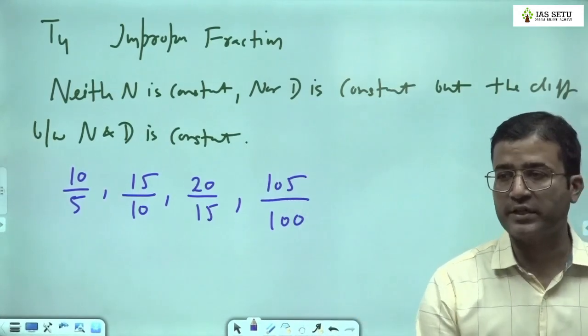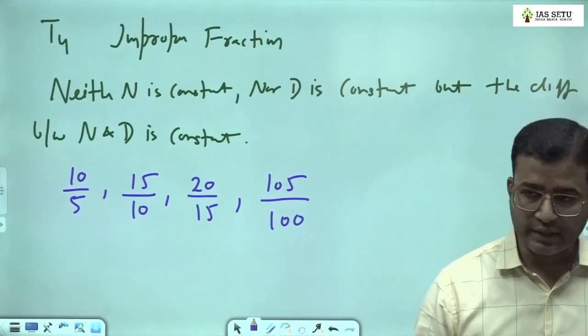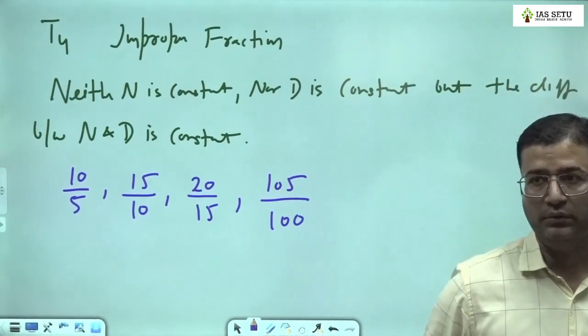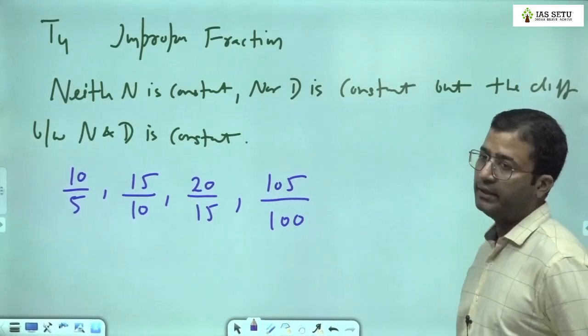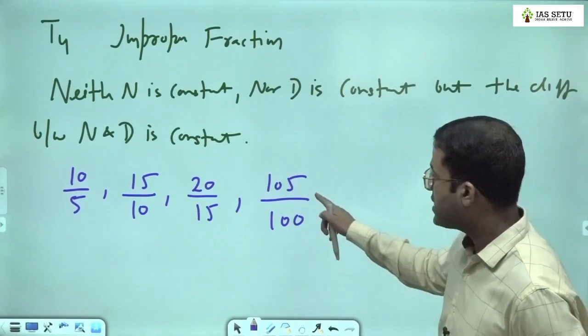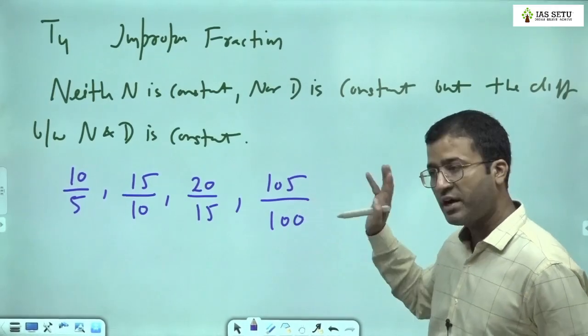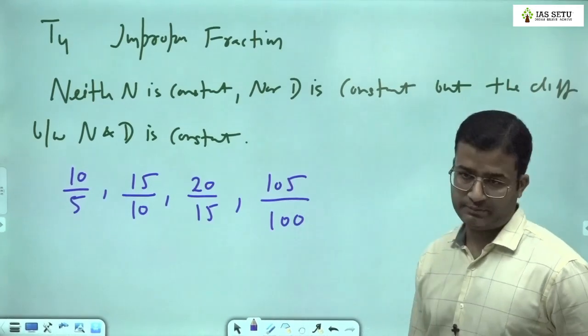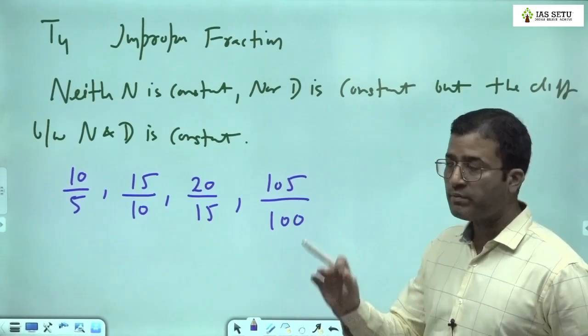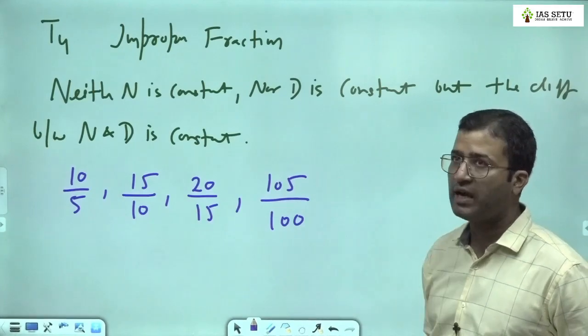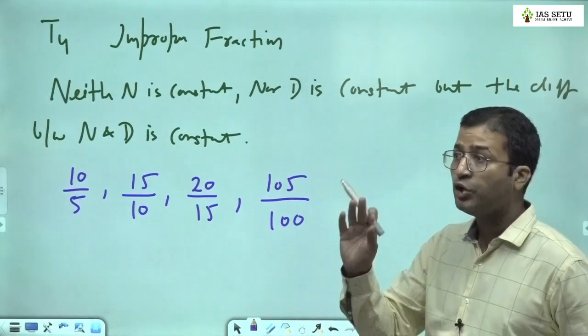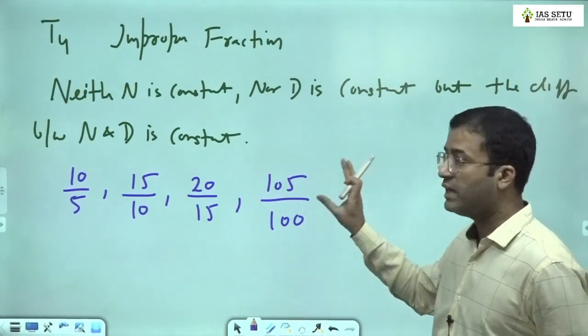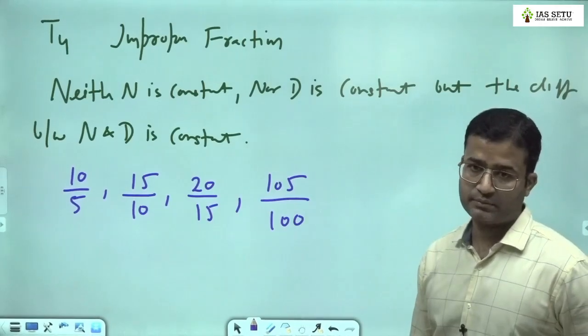Before I tell you the result, I tell you one thing. See here, your mind will read 105. Your mind will read 100. Your mind gives a response: 105 larger, 100 larger. Your mind will conclude that this is the largest fraction.